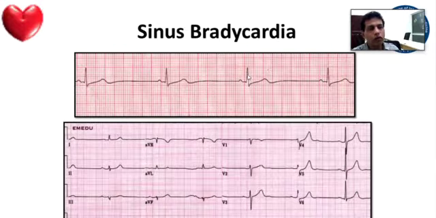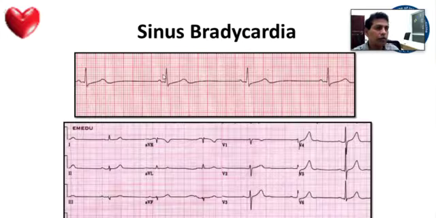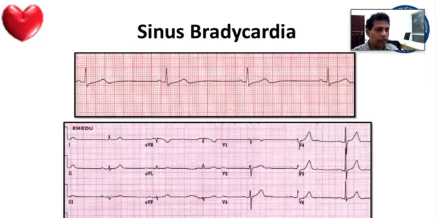So if you want to find out the heart rate of this patient, you divide 300 by the number of large waves. So if you divide 300 by 8, how much will it be? It's less than 40, isn't it? Right? So this heart rate is in the 30s. And you hear the heart rate is a little faster than that.